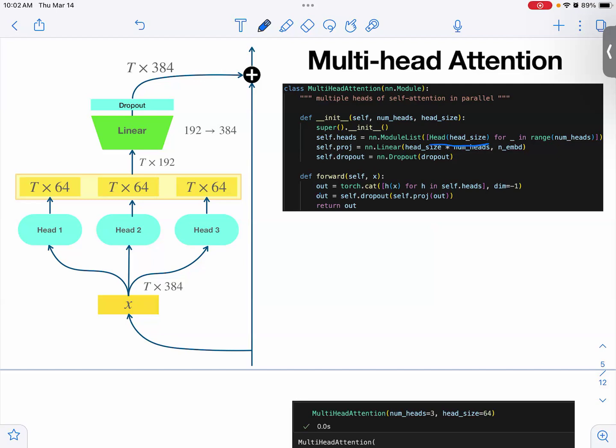So here what you'd see, for every head you apply the head to X, and then we concatenate the outputs along the last dimension. So last dimension would be this dimension, okay? And then pass it through. This projection is just a linear map. It's really not a projection, the opposite of a projection, but it's called projection here, it's fine. And then this dropout, and then you get the output.